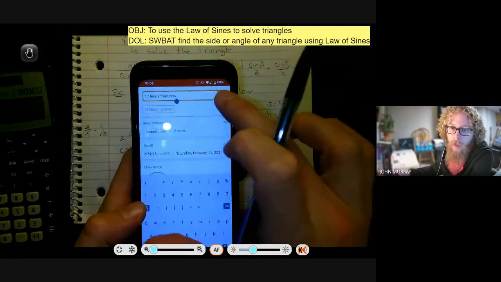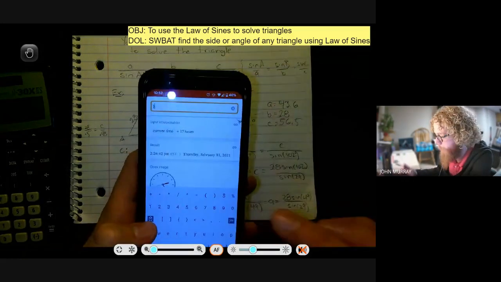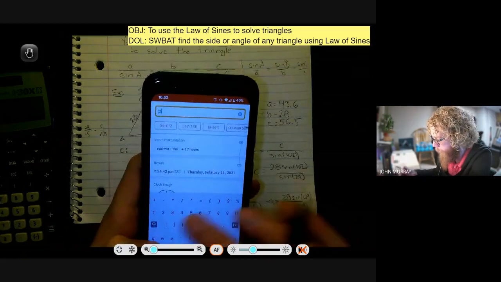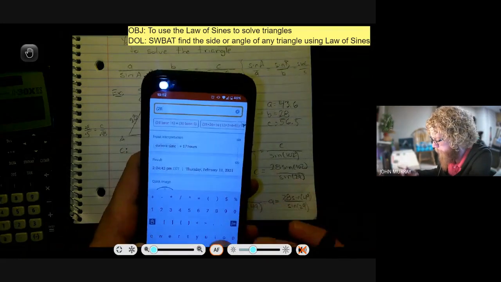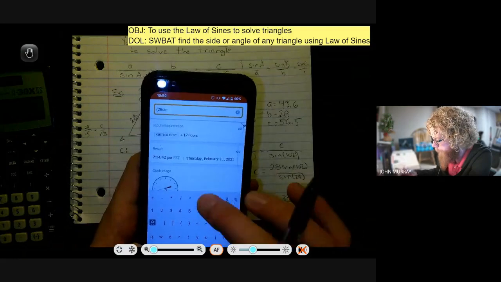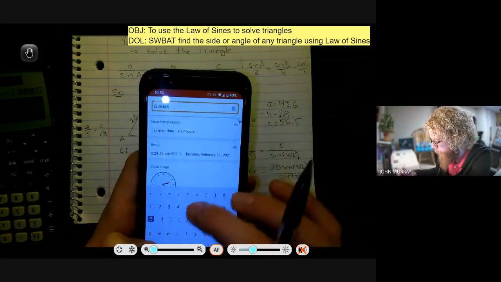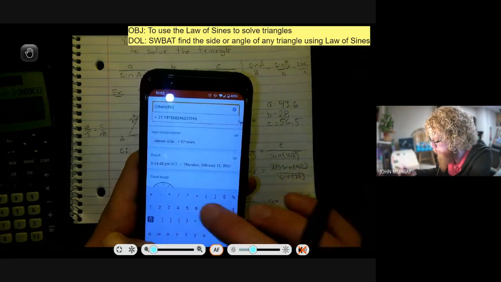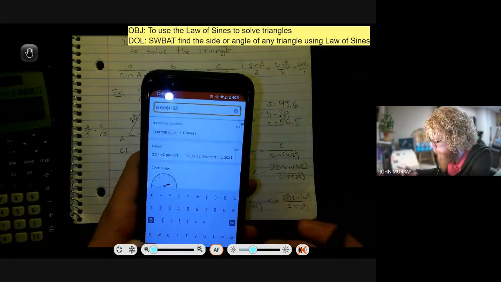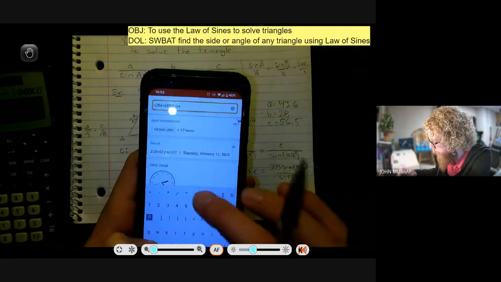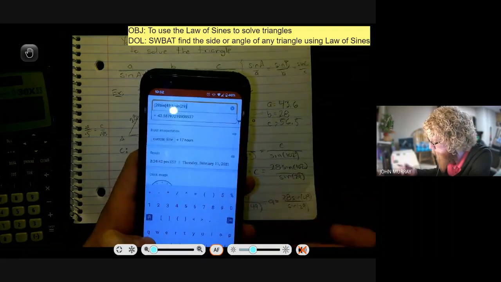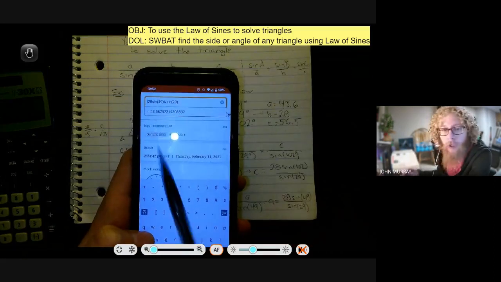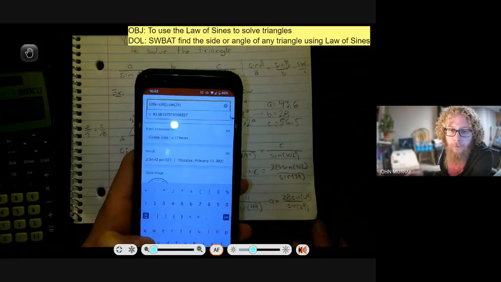All right. You could type everything in right here. So I could do 28 sine of 49, close parentheses, divided by the sine of 29, and there we get, right, 43.6.